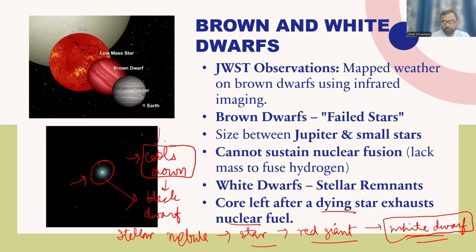So the time taken to cool is so long, longer than the whole age of the universe, that we do not find it. So obviously we cannot find a black dwarf star, but theoretically we say that it will be there. So that's all about a white dwarf and a black dwarf.